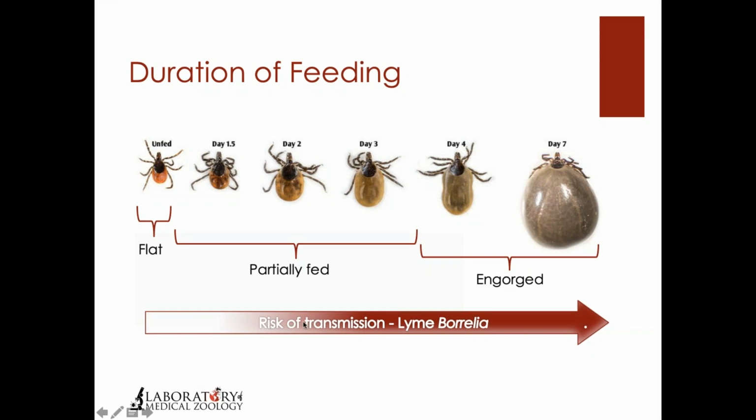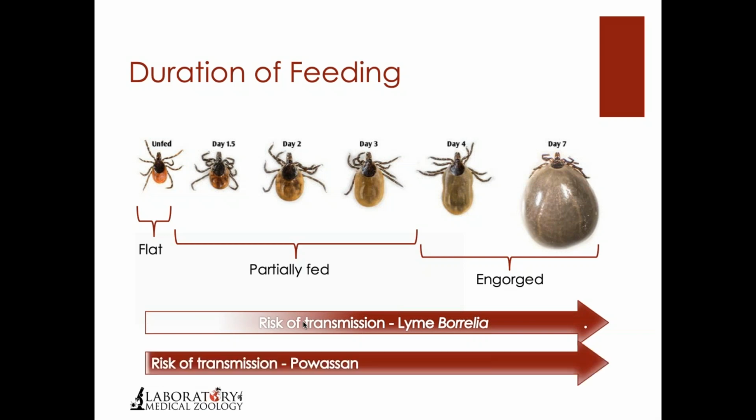be transmitted. And this is directly a result, going to that last diagram, of the Lyme disease spirochetes moving out of that midgut into the salivary glands after the feeding has taken place on the previous host. For other pathogens, like Powassan virus, now shown here at the bottom, that process can take place much quicker.